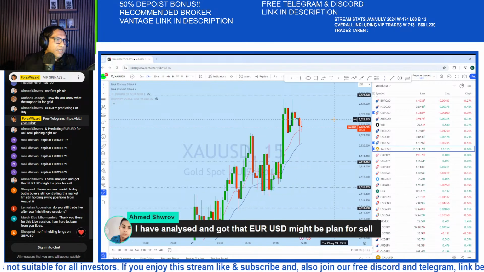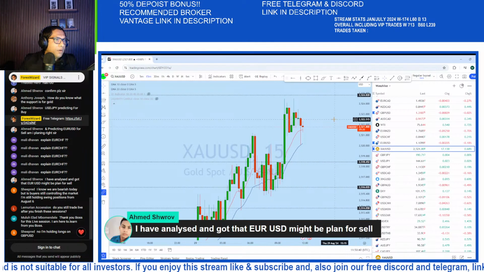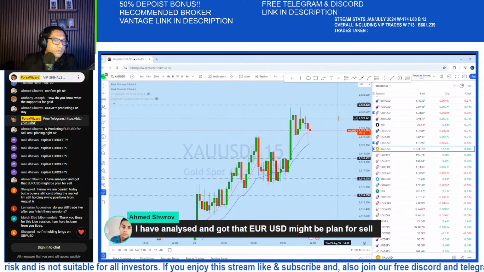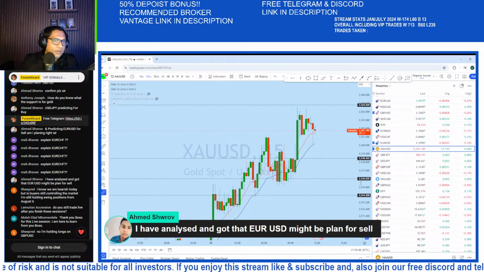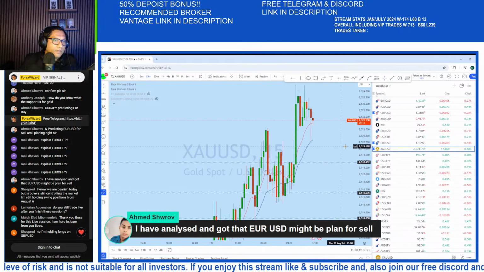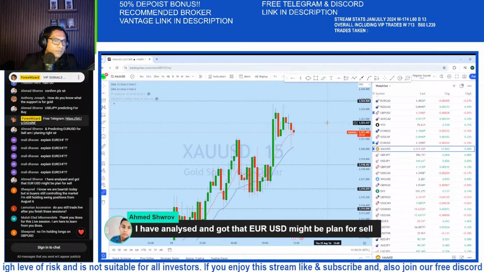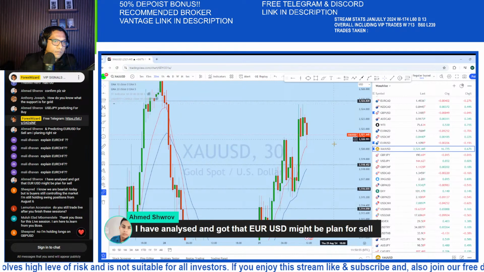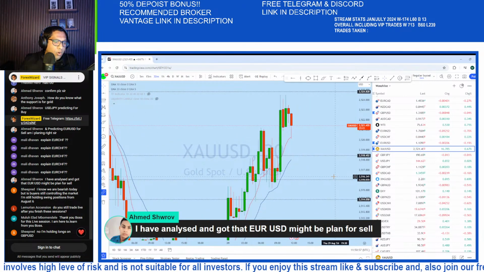Okay, here what you can see on gold on the 15-minute chart, there's a long wick candle here. Wanting to see that it's breaking below.